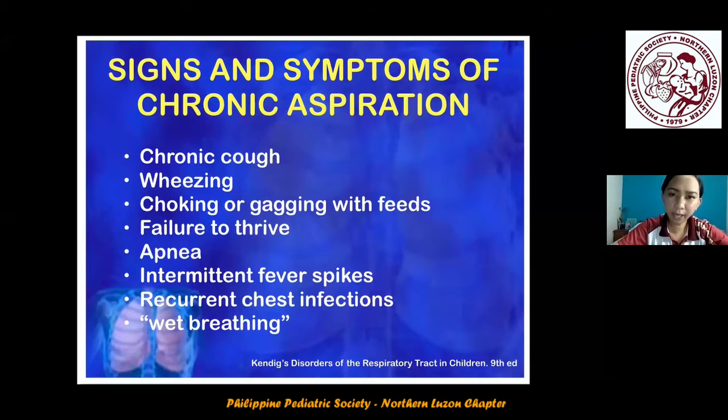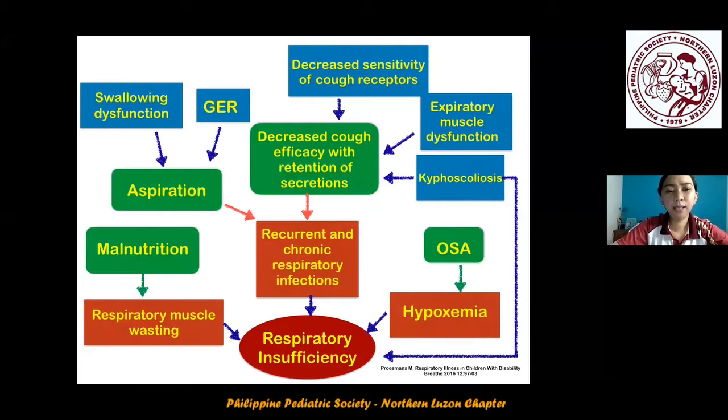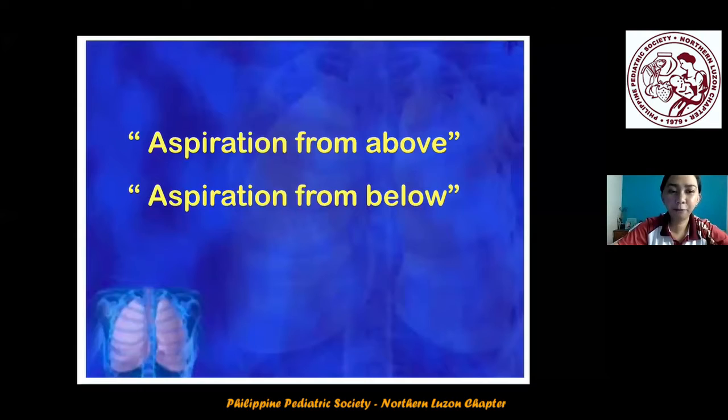Looking back at our diagram earlier, we see that aspiration in neurologic patients may be due to swallowing dysfunction and gastroesophageal reflux disease. Thus, the terms we use are aspiration from above, pertaining to aspiration caused by swallowing dysfunction, and aspiration from below, which points to aspiration caused by reflux.